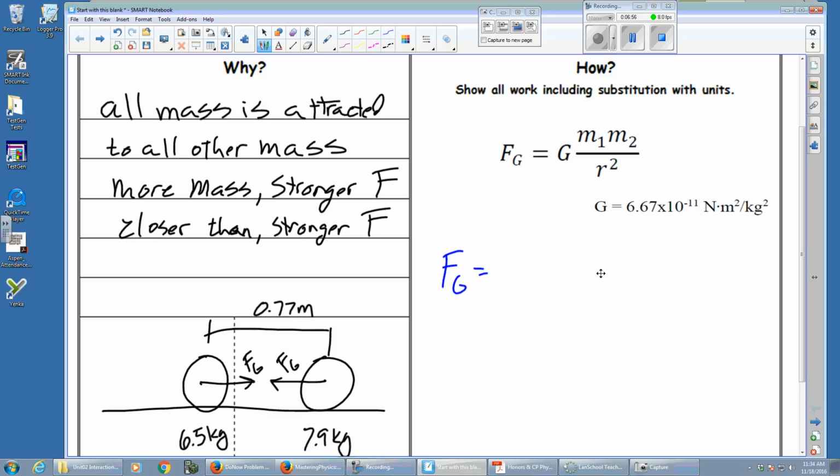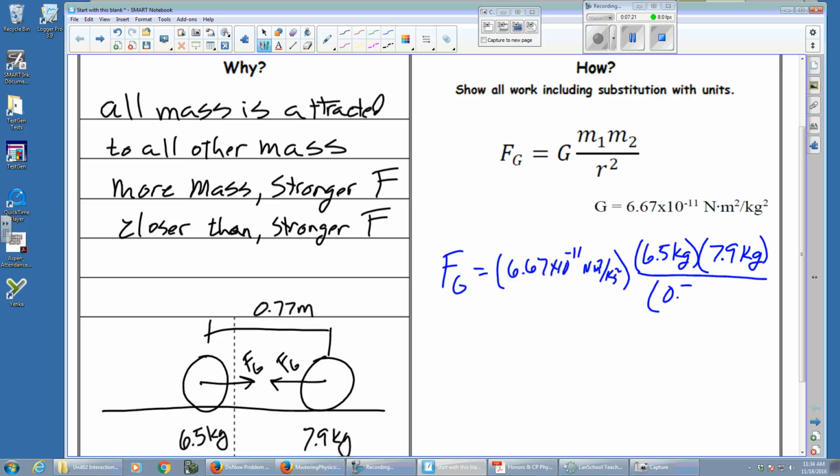Big G I just copied from my equation sheet: Newton meters squared per kilogram squared. Mass 1, 6.5 kilograms. Mass 2, 7.9 kilograms. R, 0.77 meters, and square it.